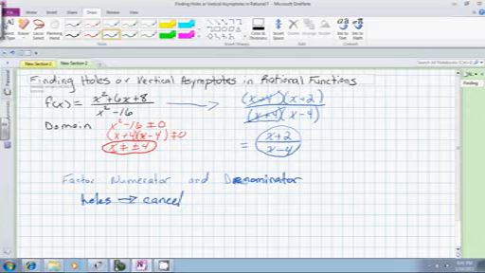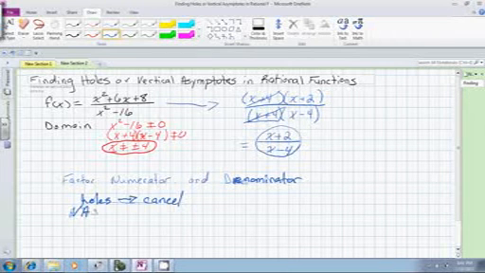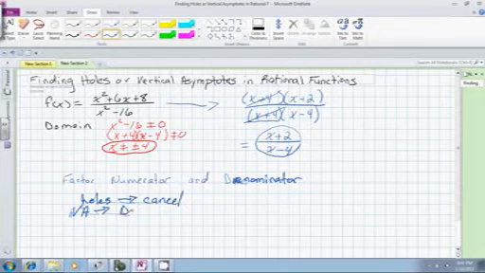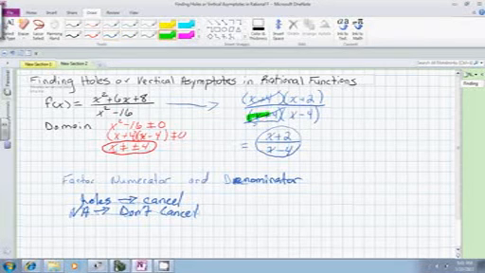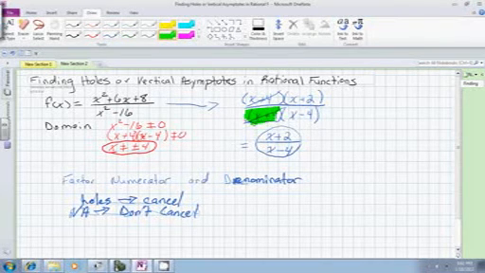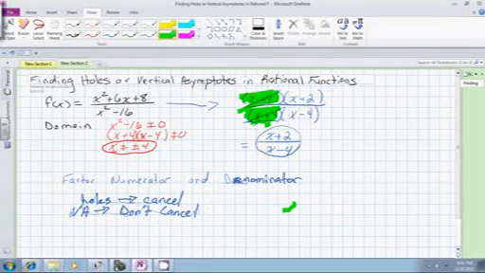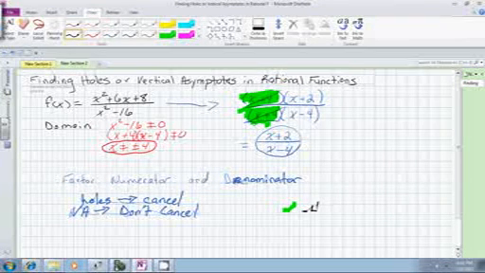Vertical asymptotes don't cancel. So we can tell from this example above that the x plus 4 canceled out, so that is going to be a hole. So negative 4 is a hole.